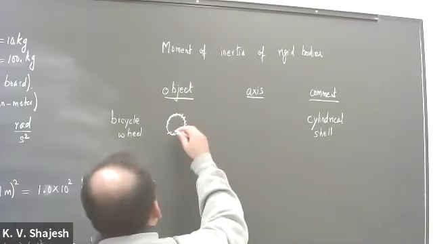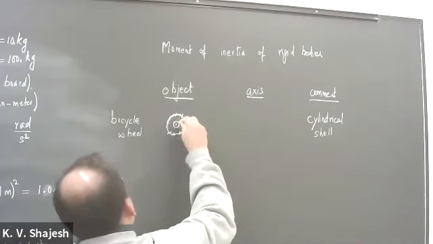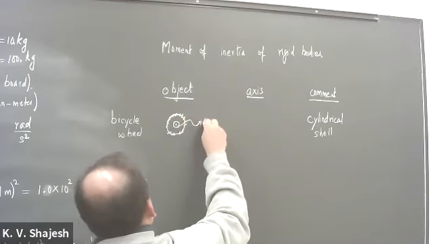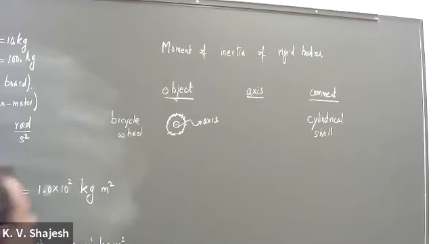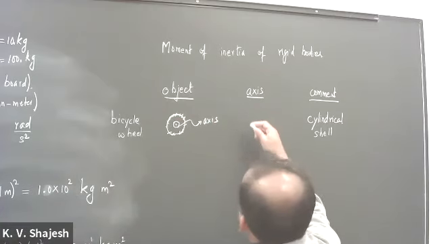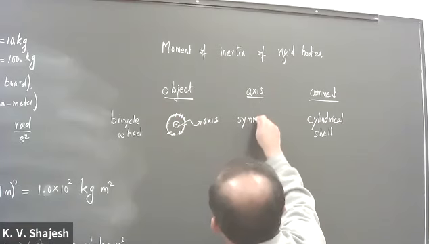The axis of this object is as represented here. So that's your axis. So where is the axis? This is the symmetry axis of the cylinder.